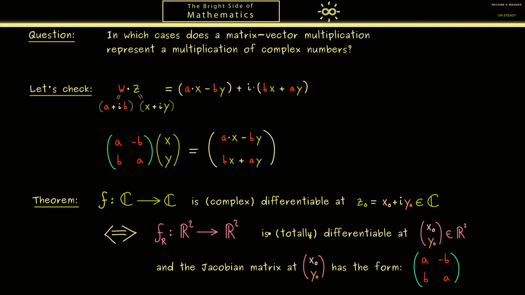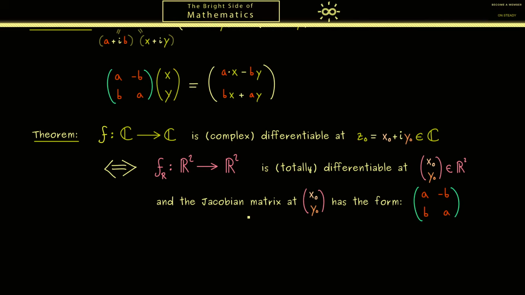So there you see, this is our final connection between both notions of differentiability. And exactly this connection now leads us to the Cauchy-Riemann equations. We simply get another equivalence when we use the fact that the Jacobian matrix has partial derivatives as entries. However, in order to do this, we have to introduce new names for the components of the function fR.